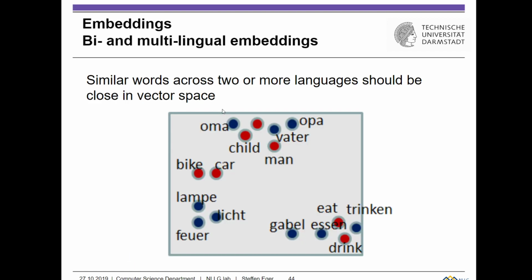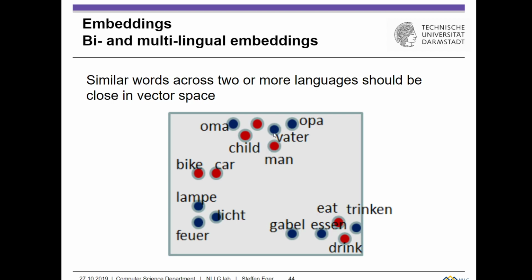And the cool thing is we can even do this across 2 languages, or across 3 languages, or across 300 languages. And what we then see is not only that words within one language that have a similar meaning are close to each other, but also across languages.